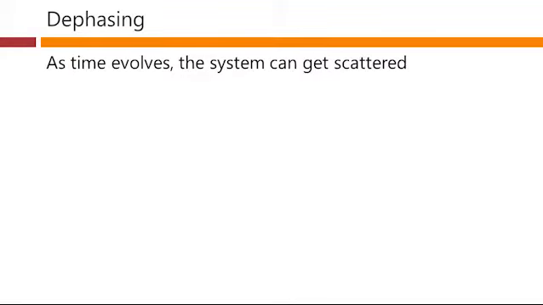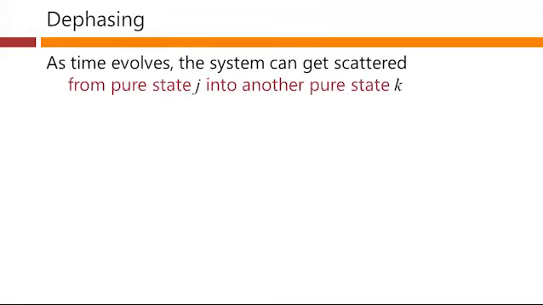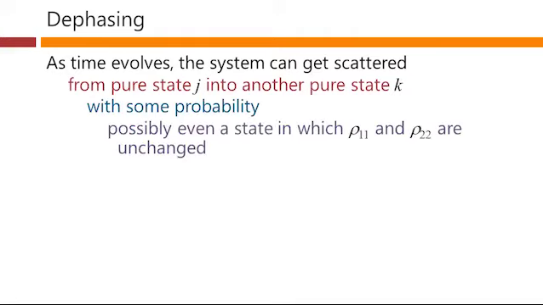As time evolves, the system can get scattered from a pure state j into another pure state k with some probability, possibly even a state in which rho 11 and rho 22 are unchanged.